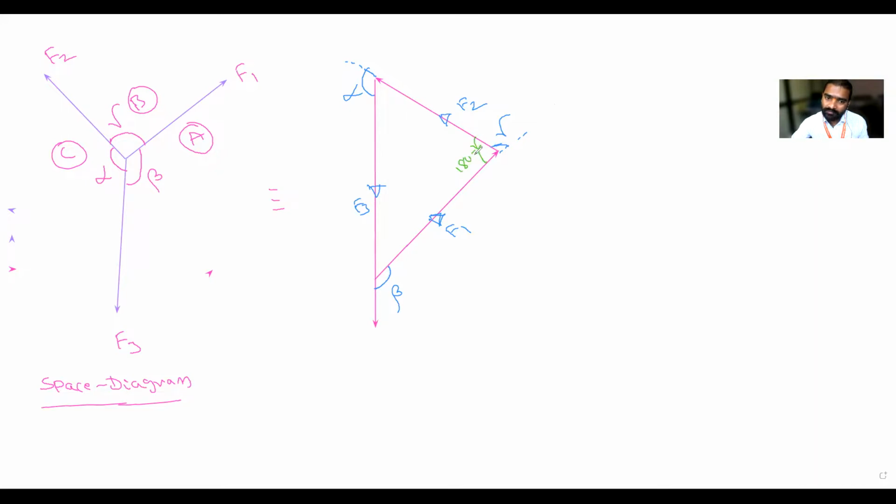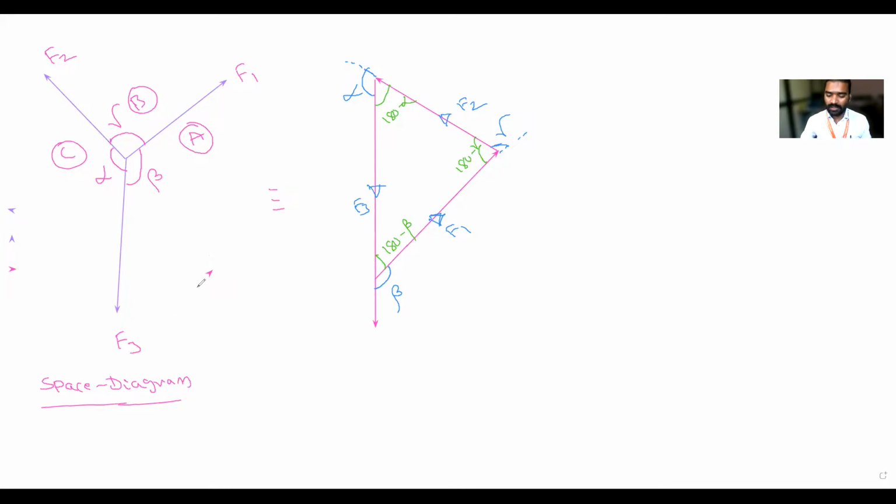Is it correct? Yes, sir. Then can you tell me what this angle is? If the exterior angle is equal to alpha, the interior is 180 minus alpha. Then what about this angle? 180 minus beta.